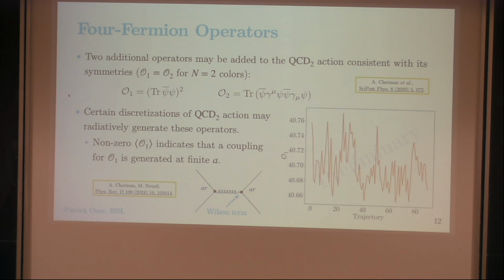So we've computed this matrix element of O1, and we've seen on all of our ensembles that this expectation value is non-zero.